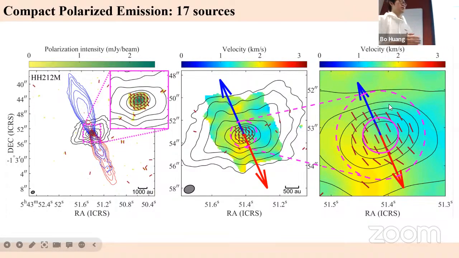The third column is the enlarged version of the second column. So you can clearly see that the polarization vector is almost along the outflow direction in this case.